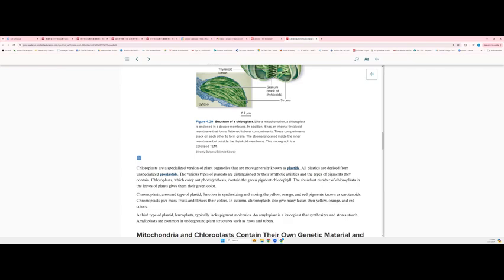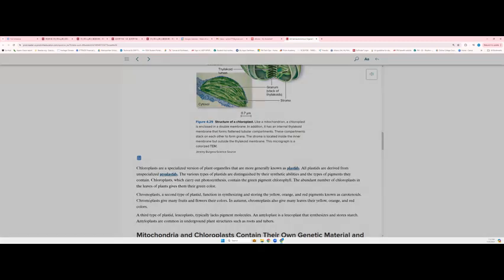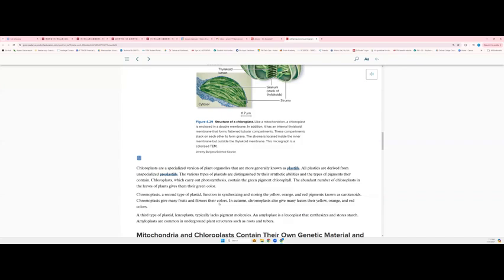And there is another type of plastid called a chromoplast. The only difference between chromoplast and chloroplast is just these several letters. This chromoplast can function in synthesizing and storing the yellow, orange, red pigment known as carotenoid.